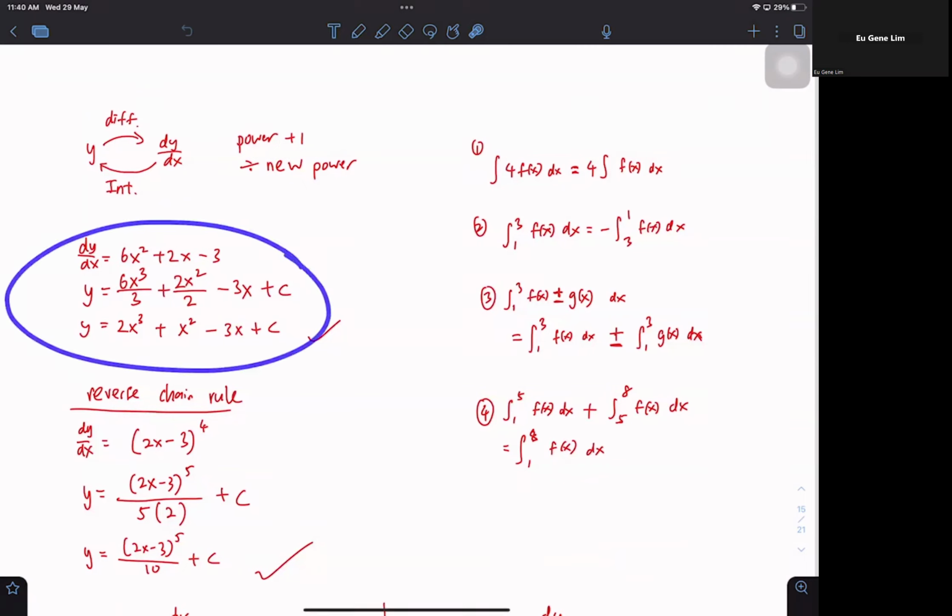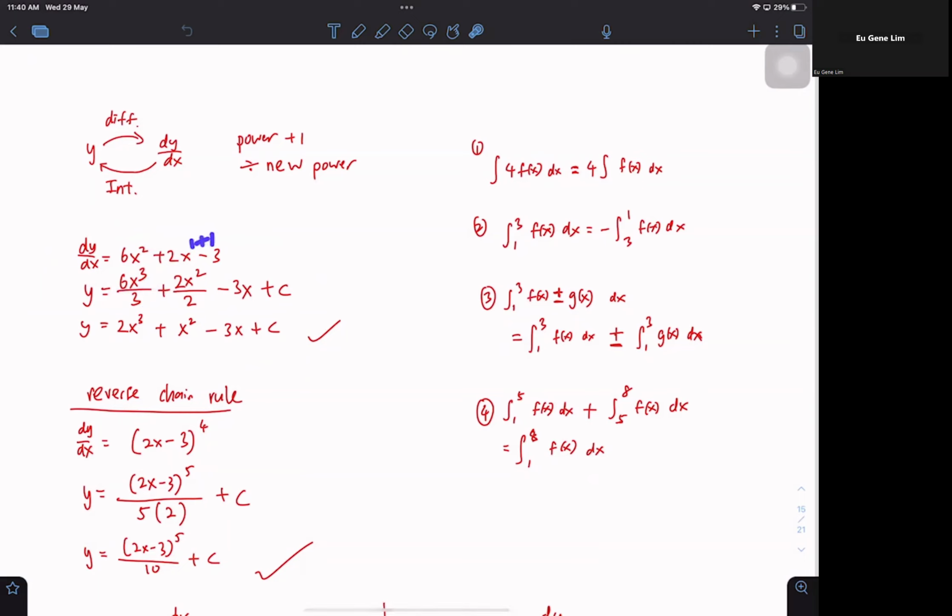Example, this one. Power plus 1, divide by the new power. You see, 2 plus 1 is 3, divide by 3. Power 1: 1 plus 1 is 2, divide by 2. And this number has no x.